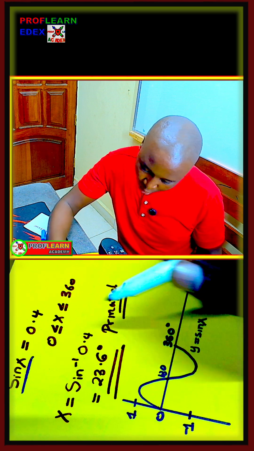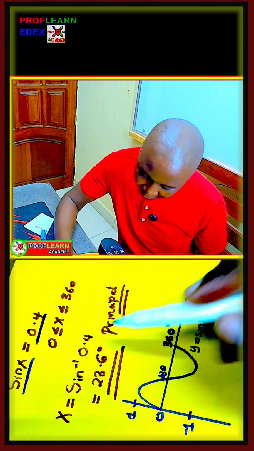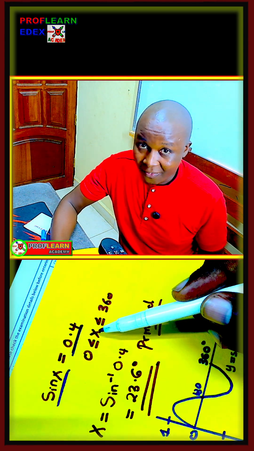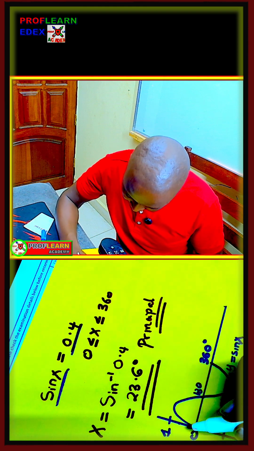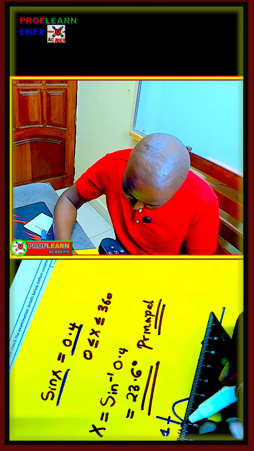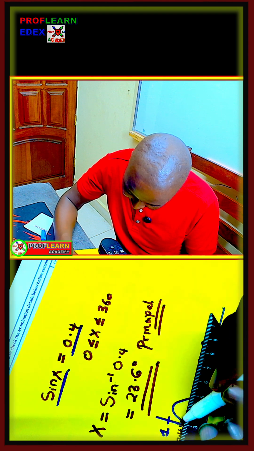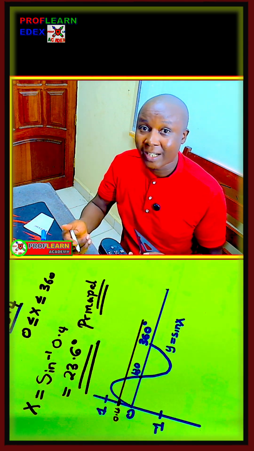Since we were solving for sine x equals 0.4, 0.4 is a y value, so you can come here and draw. We identify our 0.4 at this point, then draw a straight line across. How many times does this line cross the graph?